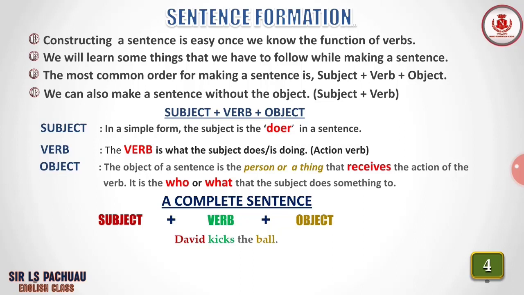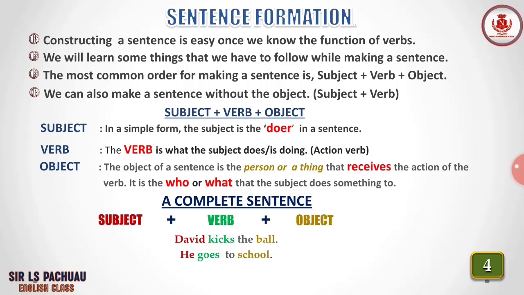Alright, so David here is the subject and kick is the verb and ball is the object. Okay, David kicks the ball is a complete sentence. Subject plus verb plus object.